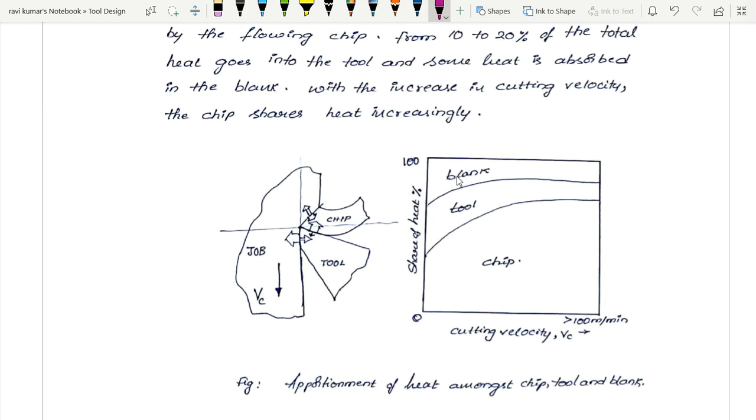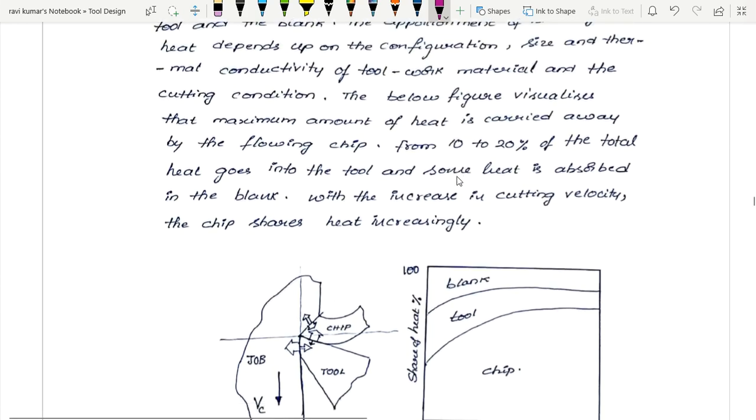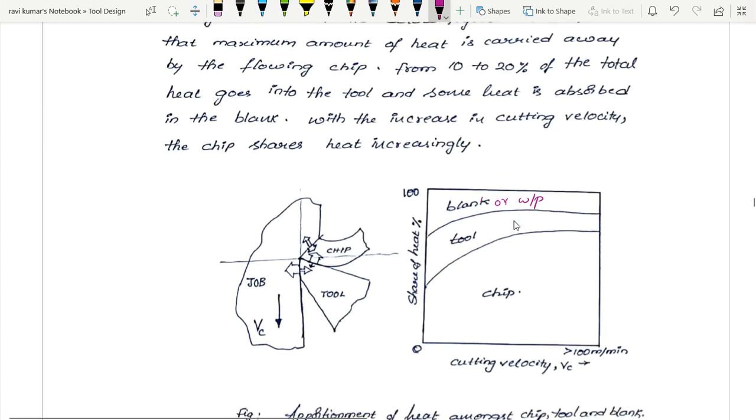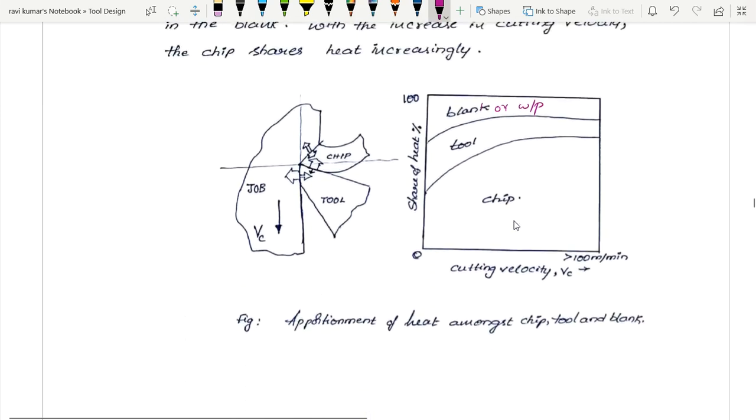Then the remaining part of the heat is transferred to the workpiece, or blank or workpiece. So the mode of heat transfer here is nothing but conduction. Of course, this is the case where I am not going to use any cutting fluid.